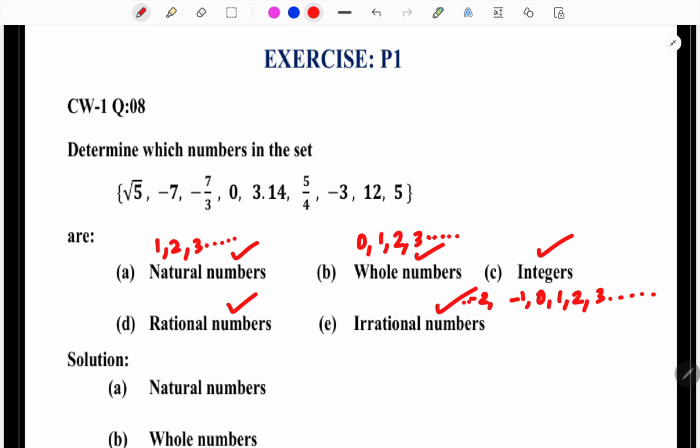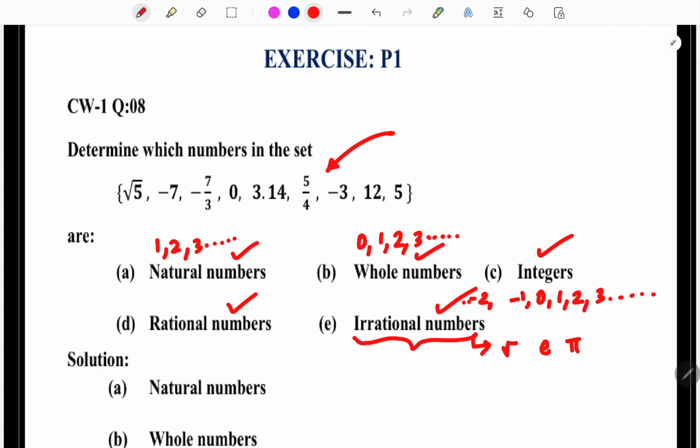Only these two are confusing: rational and irrational. First let me tell you what irrational numbers are. Is there any number repeating, or dot dot dot? No. So it is very clear: square root, e, pi, these are all irrational numbers.